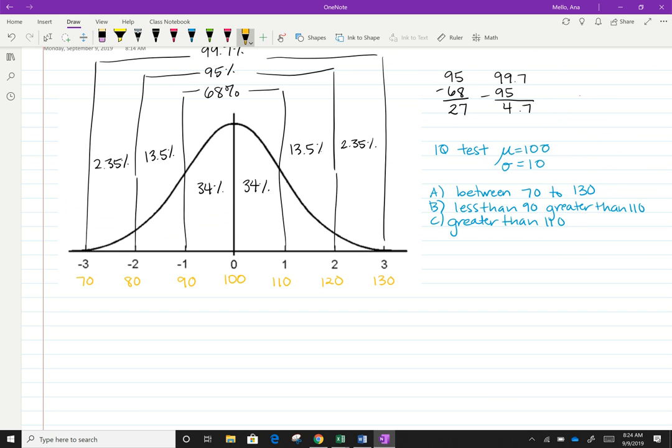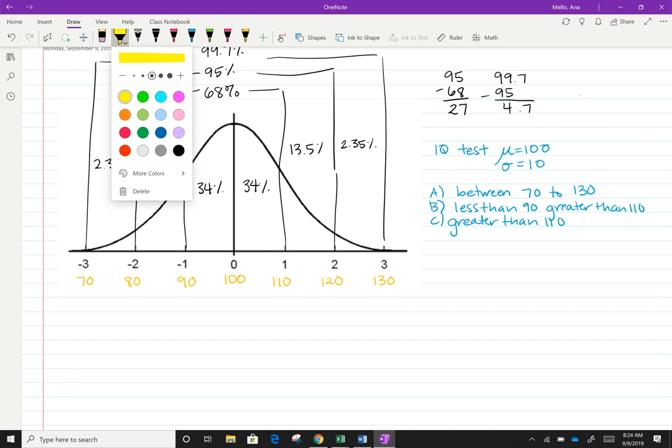You can always fill in your normal model, regardless of the scenario, as long as you're dealing with a bell-shaped normal distribution. You start with the mean in the middle and then do a standard deviation above, standard deviation below to fill in your curve. So the first question asks me for data between 70 to 130.